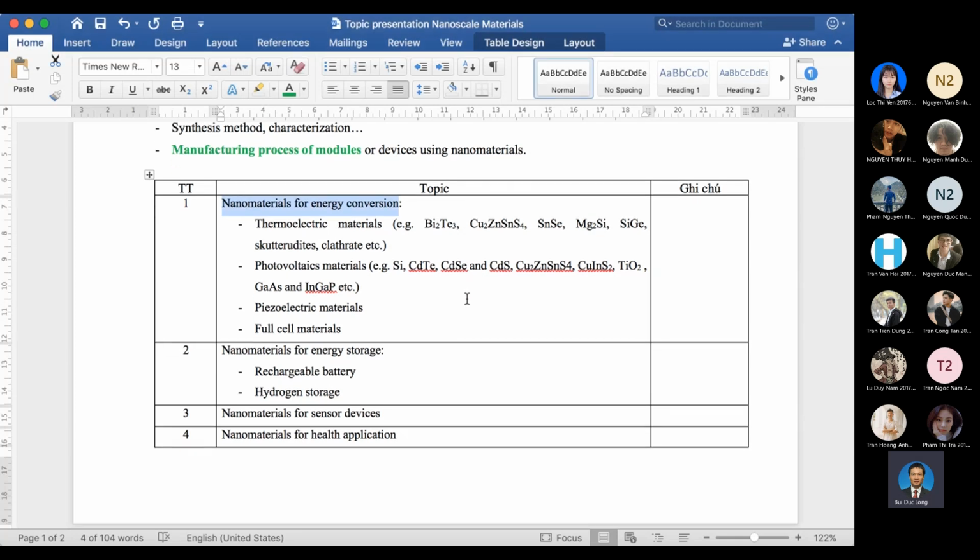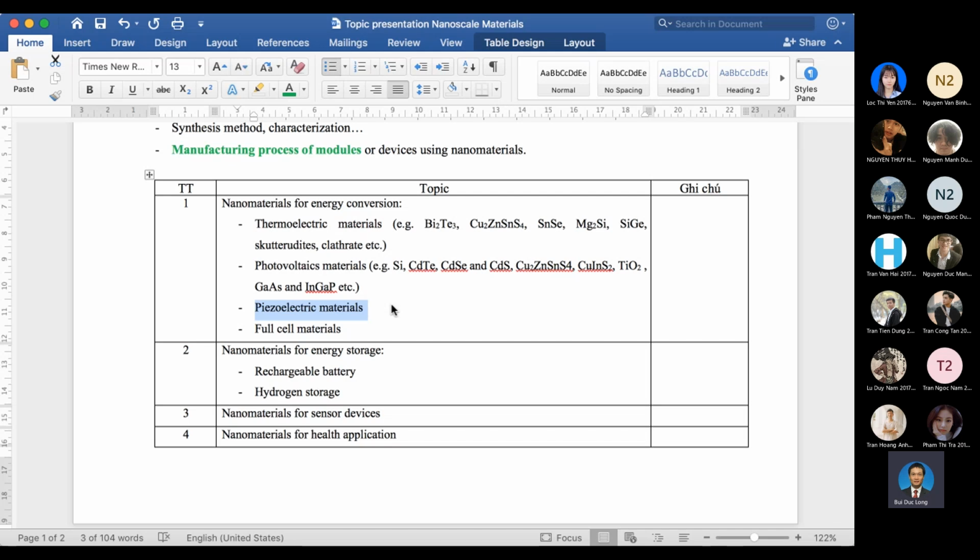Also for energy conversion, we have piezoelectric material. Piezoelectric material means the material can convert mechanical force, or mechanical energy, into electrical energy.